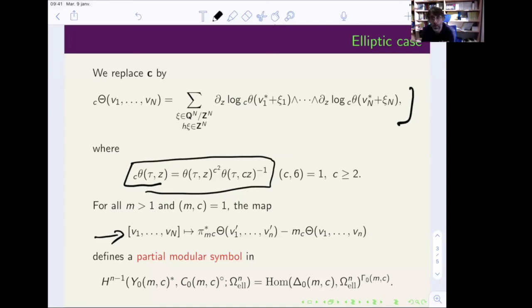To go from a relation between the real parts to a relation between these forms, you have to say that the map in cohomology from meromorphic forms to the cohomology is in fact an isomorphism. That's precisely what we need to prove. In the additive case, it's just Brieskorn's theorem. In the trigonometric and elliptic cases, it's something we need to prove. We don't prove it for the whole cohomology, only for a small part, the one that is invariant under pushforward by integers. Okay, that makes sense.